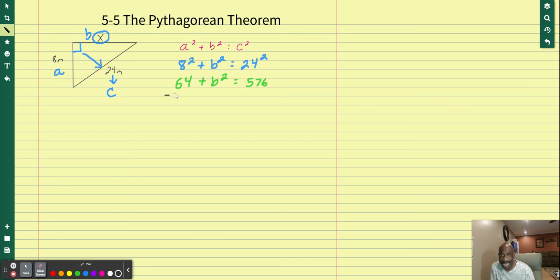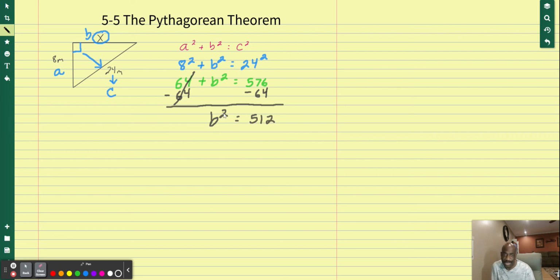I have to subtract 64 from both sides of this equation. Okay, remember the goal, to get the variable by itself. So I have to cancel that to get the b squared, bring that down. And 576 minus 64 is 512.